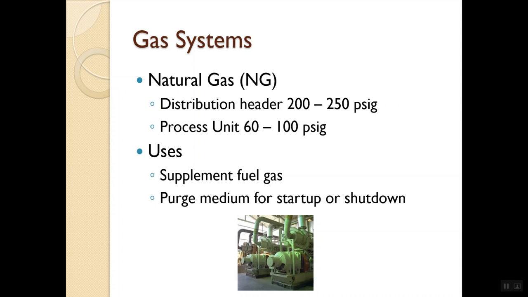Also, we use natural gas as a purge medium. Whenever we're starting a system up or shutting it down, you would think we should use air or something for this, but getting air into natural gas lines and fuel lines and distillation lines and lines that contain highly combustible materials is not a good thing, because then we're adding air into a system that normally has fuel and normally has heat.